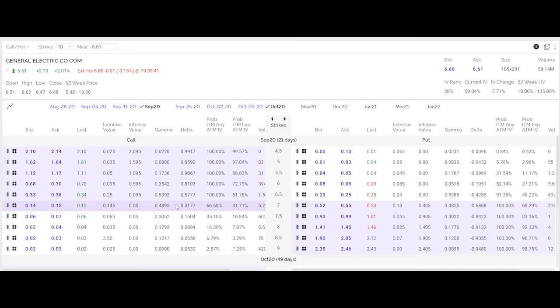So gamma is high for options that are at the money and low for options that are in and out of the money. So it's high around here, meaning that the delta could change dramatically in response to even small events. So that's where it's just a measure of the delta.